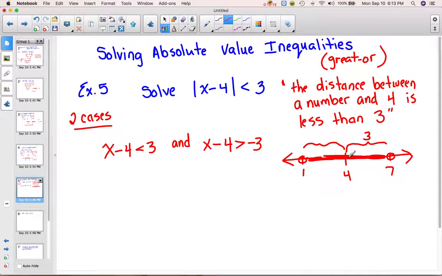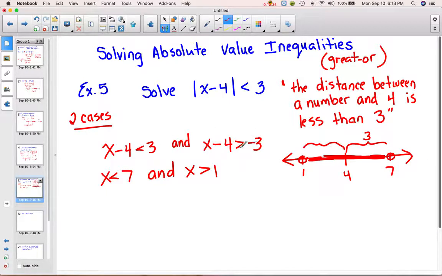And you can kind of tell anyway because you're within those 2 values. It's greater than 1 and less than 7, so that should make sense to you as well. So then when we add 4, we get x is less than 7 and x is greater than 1. Okay, so remember absolute value inequalities, 2 cases.